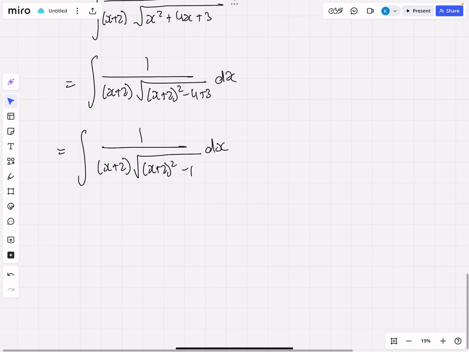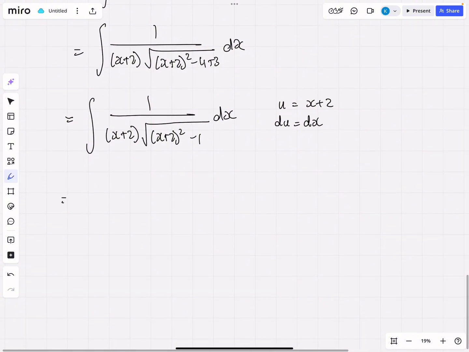So if I make u equal x plus 2, that means du equals dx. I'm going to have the integral of 1 over u square root of u squared minus 1 du.